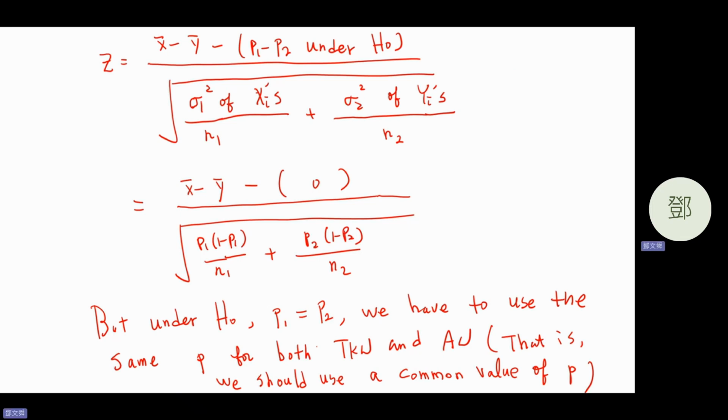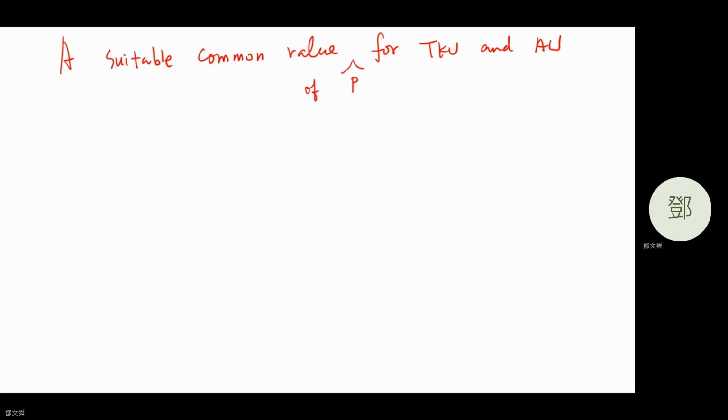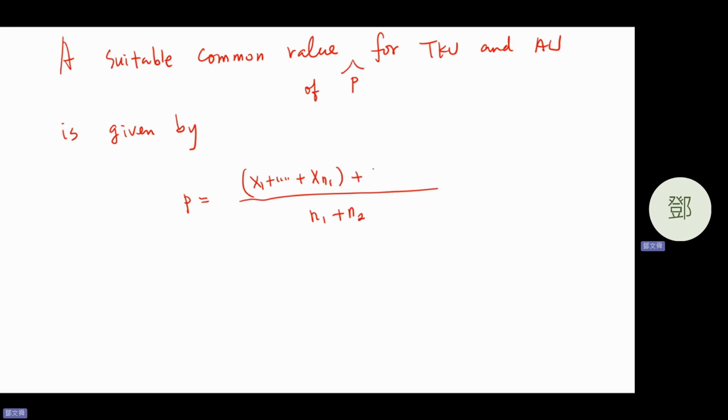A suitable candidate for the common value is given by P hat equal to X1 plus X2 all the way to Xn1, plus Y1 up to Yn2, divided by N1 plus N2.